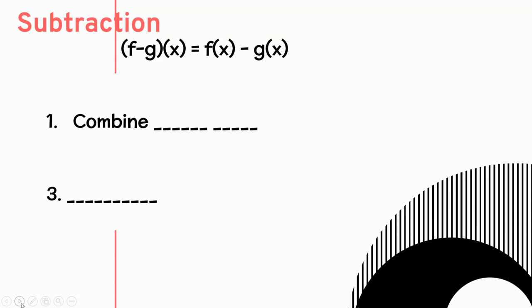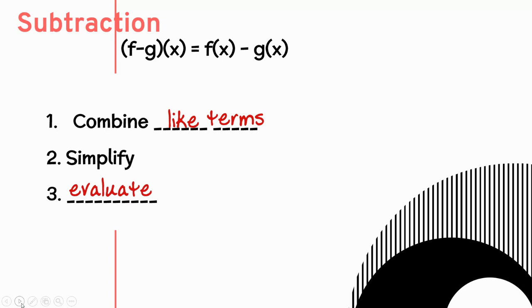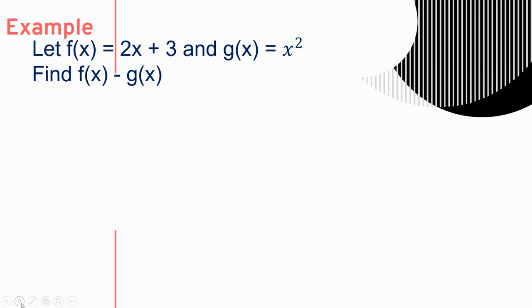So again, same steps, combine our like terms and simplify and evaluate. Our first example says let f of x equal 2x plus 3 and g of x equal x squared, find f of x minus g of x.